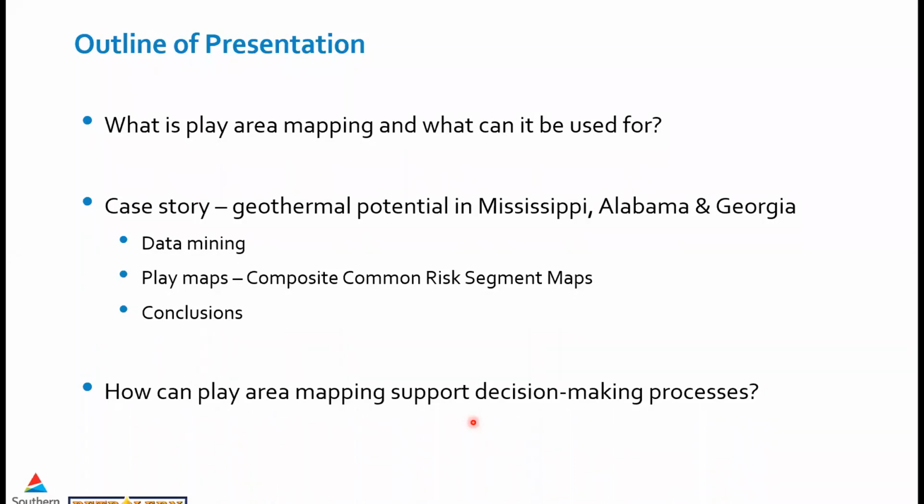After that, I'll continue with the case story about the geothermal potential in Mississippi, Alabama, and Georgia, and I'll touch on data mining, the play maps, the composite common risk segment maps, and conclusions. And then I'll end the presentation with how can play area mapping support the decision-making processes.